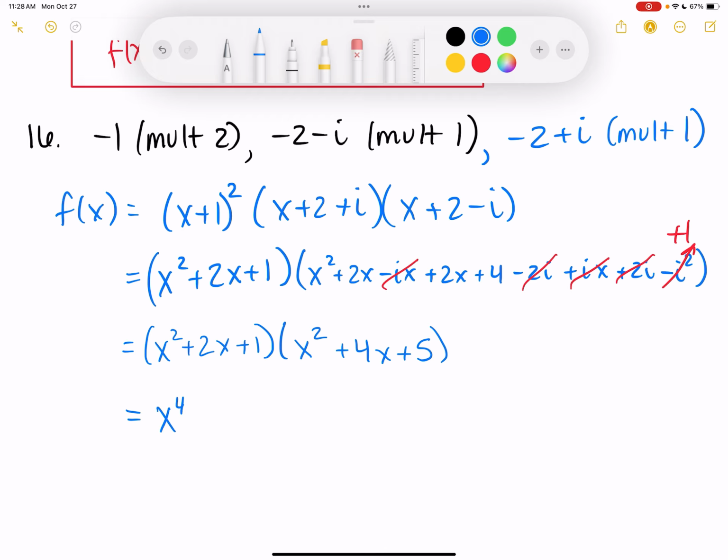x to the 4th plus 4x cubed plus 5x squared plus 2x cubed plus 8x squared plus 10x plus x squared plus 4x plus 5.